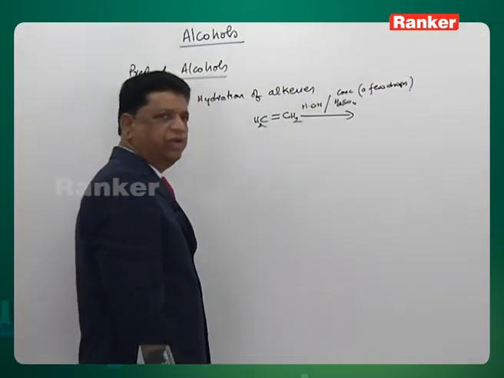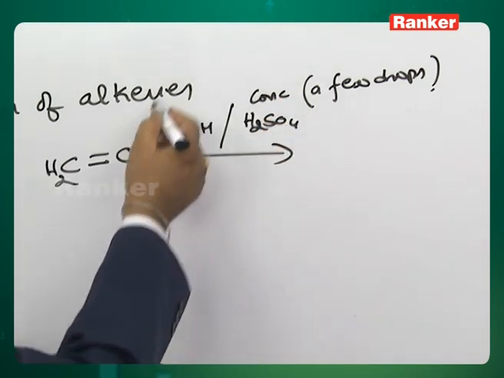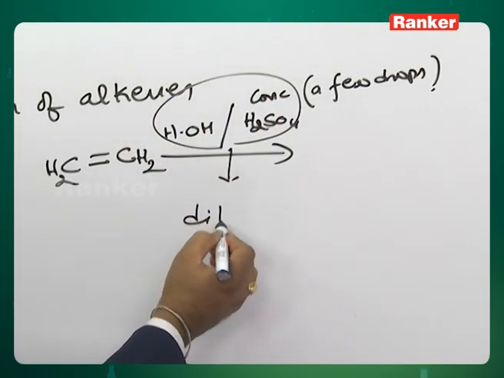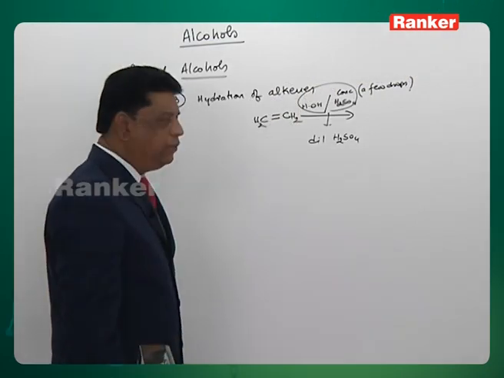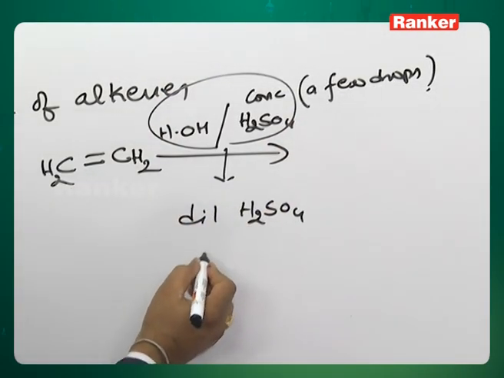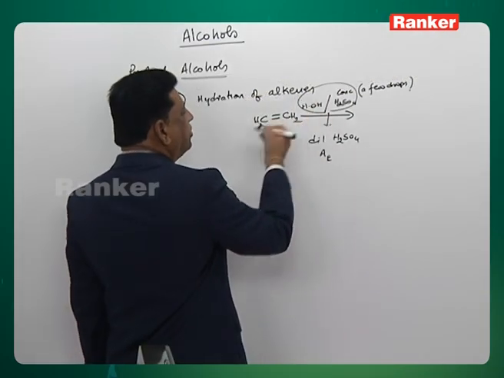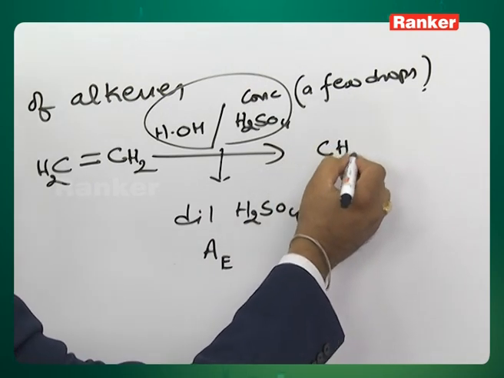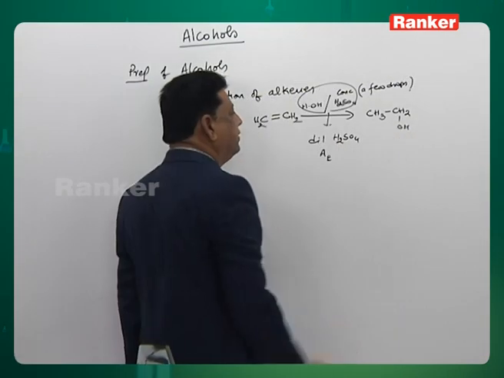So you may write concentrated sulfuric acid plus water, which is nothing but dilute sulfuric acid. At room temperature itself, it is not necessary to heat. Now the HOH adds, it is an electrophilic addition reaction with the electrophile, the proton from sulfuric acid, adding. This is all the mechanism, but finally what comes is ethyl alcohol.